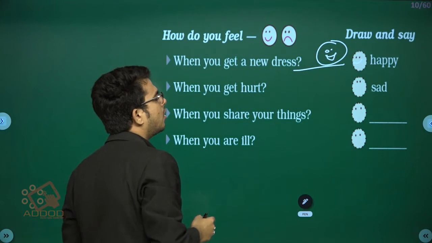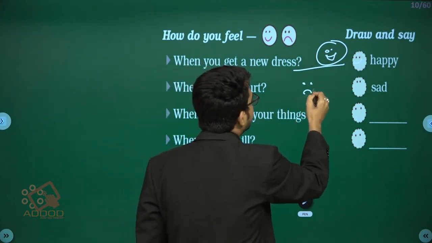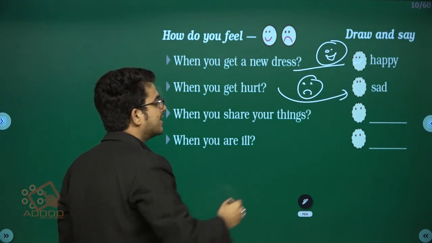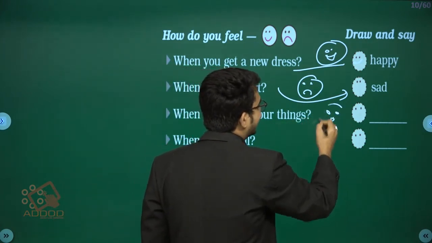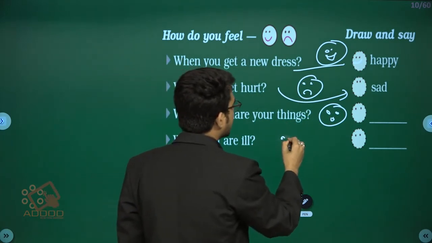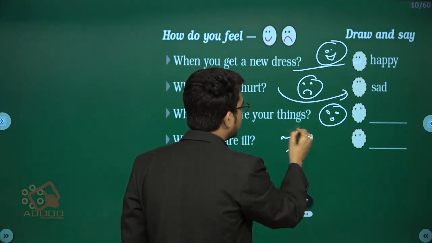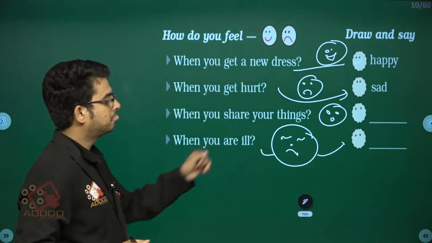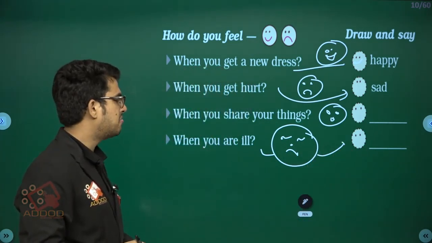When you get hurt, that time we feel sad. When you share your things, you feel proud. When you are ill, that time you become very rude. You can make it like that. This man is not very happy.